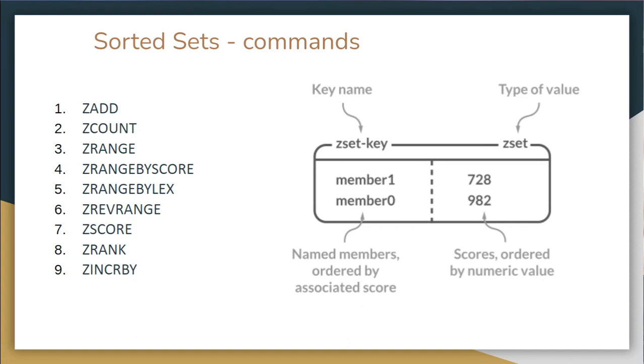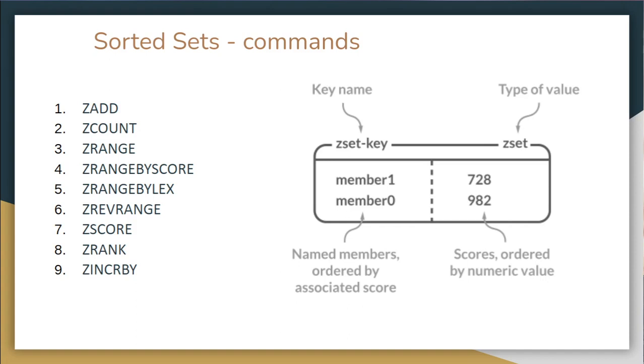So you can see ZADD, where Z points to sorted. Sorted set add adds the member, and ZCOUNT gives the cardinality. ZRANGE helps to iterate and list the respective set. ZRANGEBYSCORE: I told you each value is associated with a score, and based on the score we can iterate.